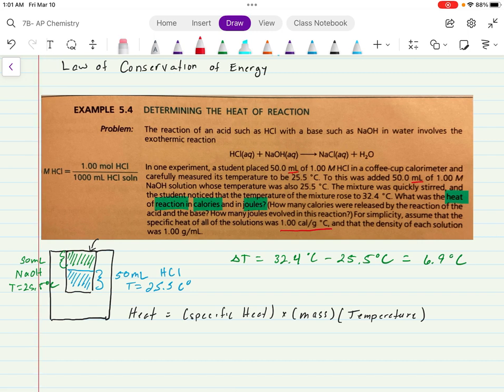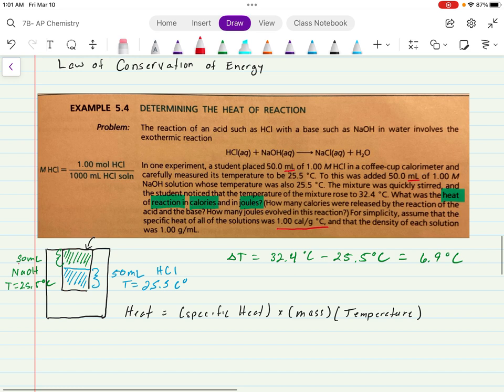Now in this system, in this coffee cup calorimeter, because the calorimeter is how you do calorimetry, which is how we measure the amount of energy that is absorbed by a system, we have to combine the masses of both. Because inside here, we have this 50 mLs plus this 50 mLs. Sorry, for each one.